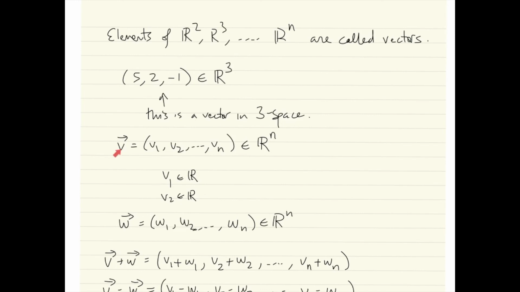So if we've got a vector v and a vector w, the definition of adding these two vectors is we simply add their components. So v plus w has first entry v1 plus w1, second entry v2 plus w2, and so on up to the nth entry.